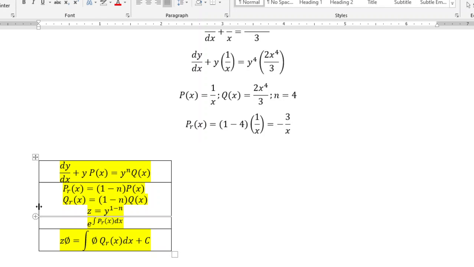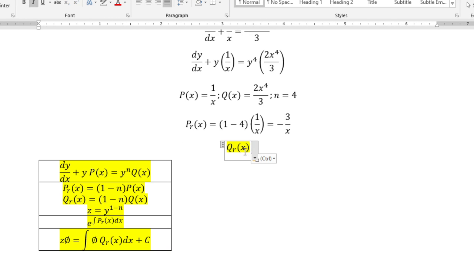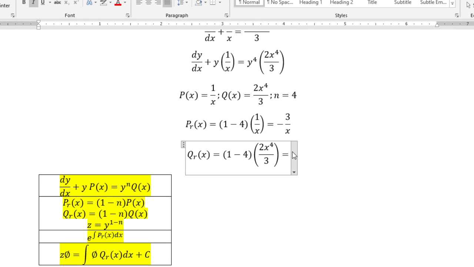And then, next will be QR of x. So, copy na lang natin to. QR of x will be 1 minus 4 multiplied by 2x to the 4 over 3, which is equal to negative 2x to the 4.